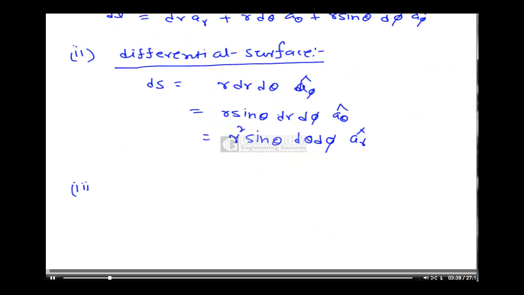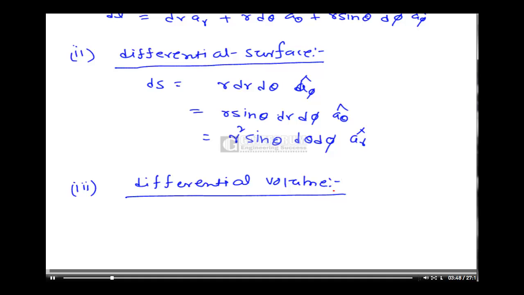Third one is differential volume. Differential volume dV is equal to multiplication of three: r square sin theta dr d theta d phi. This is the differential volume of spherical coordinate system.